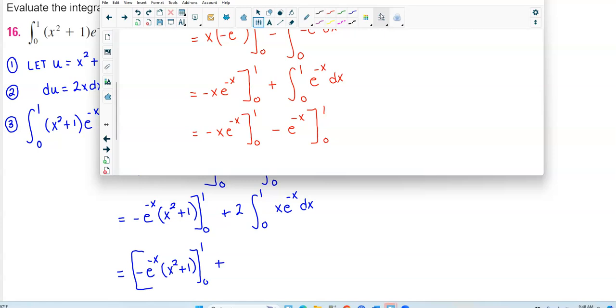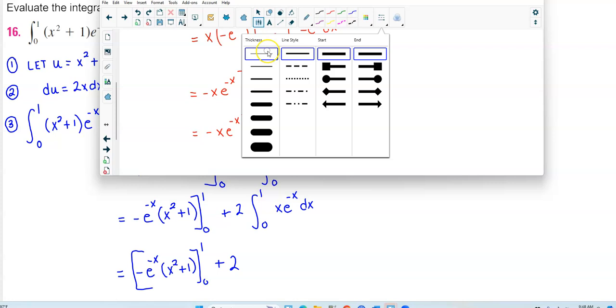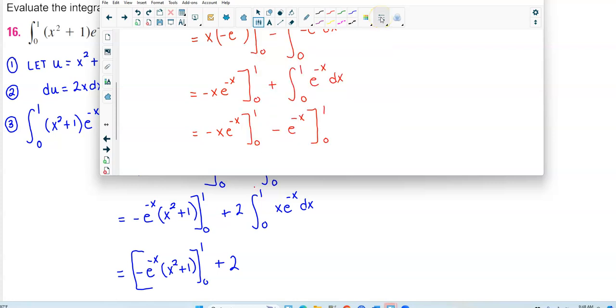And then plus 2, and then we're going to substitute that for this integral here. So 2 times negative x e to the negative x going from 0 to 1 minus e to the negative x also going from 0 to 1.